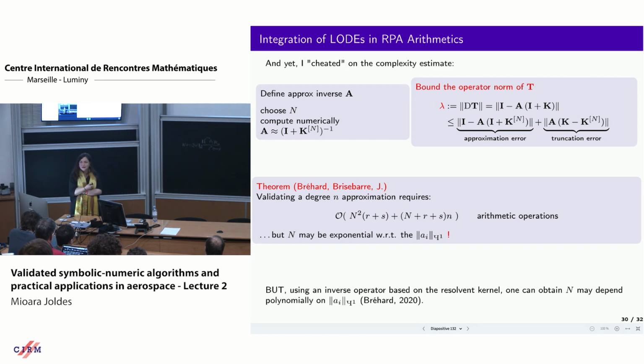In practice, it turns out to be quite a nice speed up, in the sense that for the same degree, you are able to validate a better bound, and then you can use a lower degree polynomial. And in this case, he proved that we can only have a complexity on n which depends polynomially on the norm of A.